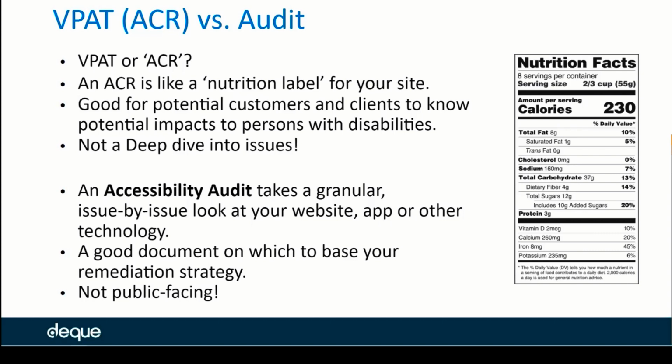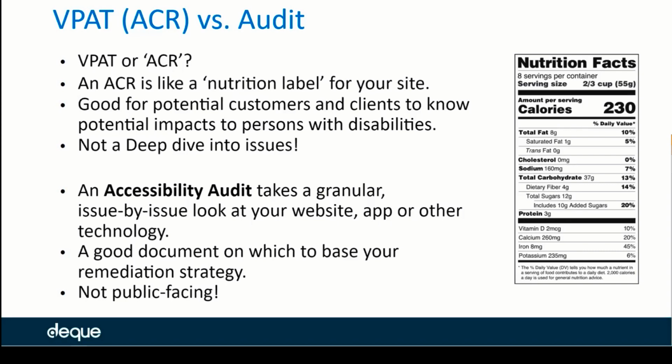It's just going to talk about the fact that there are issues with certain areas along certain success criteria. And just like a person like myself might pick up a snack and choose it based on the nutrition label information, all things being equal, so too the company might choose you based on your ACR.